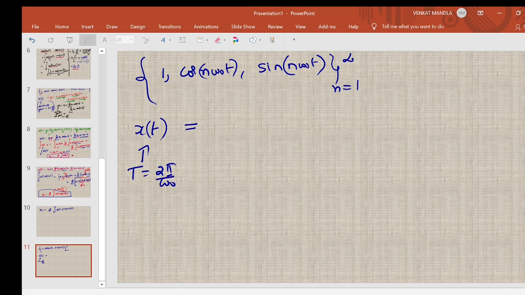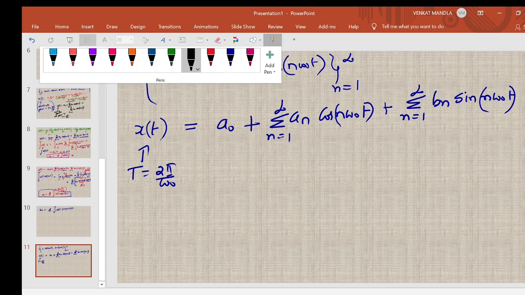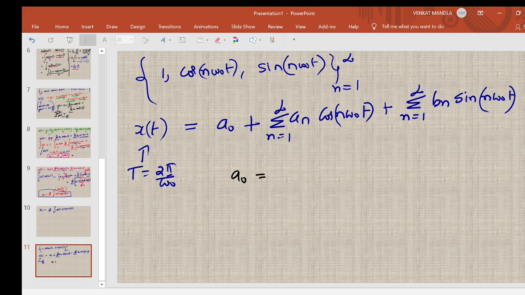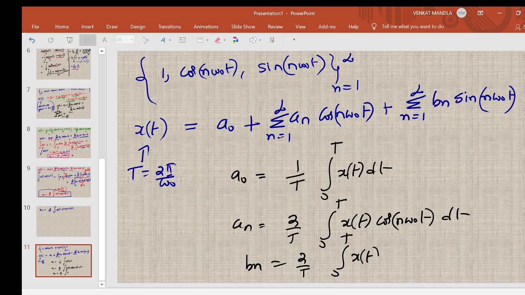Then x of t can be represented as a naught into 1 plus sigma n equal to 1 to infinity an cos n omega naught t plus sigma n equal to 1 to infinity bn sin n omega naught t.